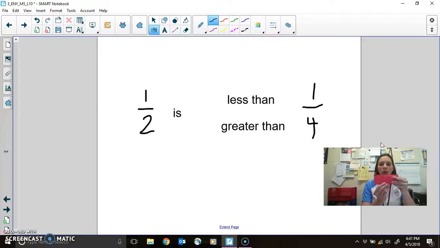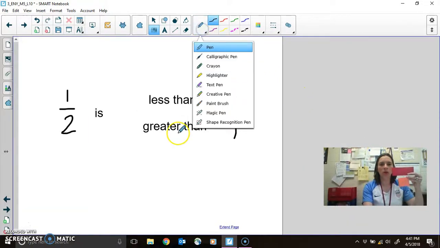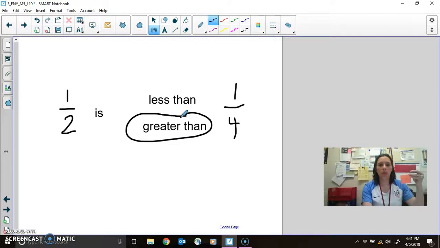We're going to fold our 1/2 so we only see 1 of the units. And then we're going to fold our 1/4 so we only see 1 of the units. We can see that 1/2 is greater than 1/4. So we are going to circle the words greater than.